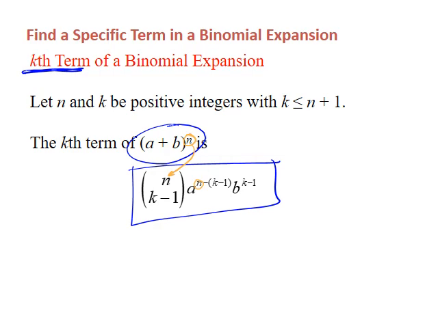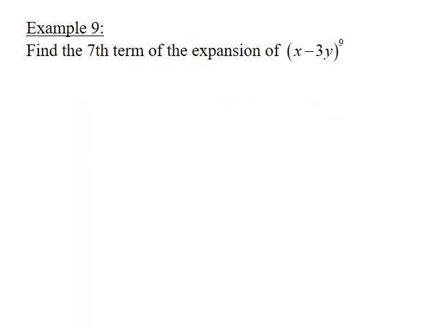Now this k minus 1, if I want to find the 7th term, well then this is just 6. Okay, so it's nothing crazy, but you'll want to make sure that you remember this formula. Let's see how it works.